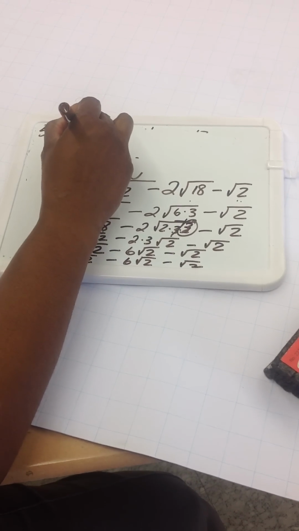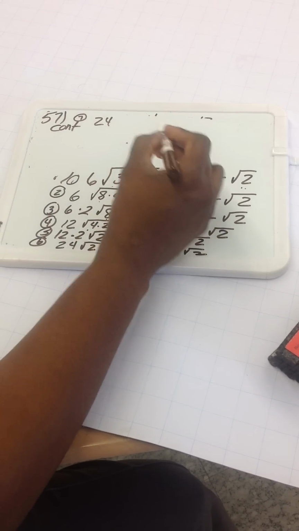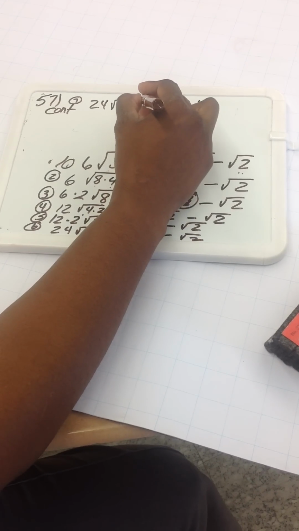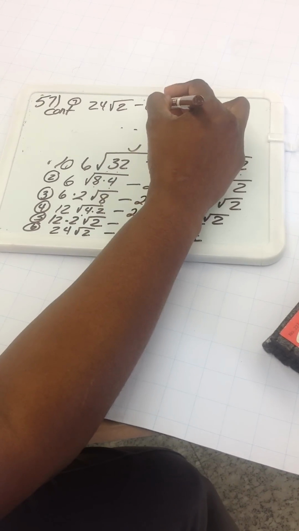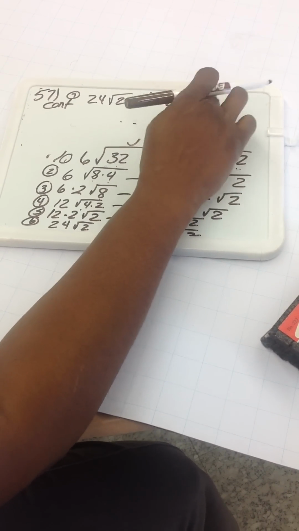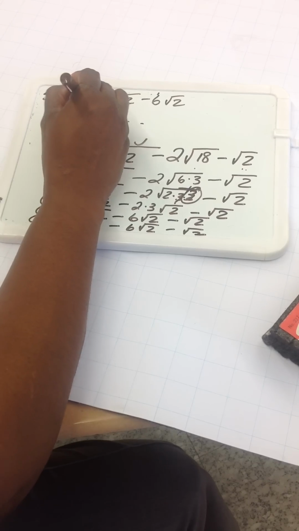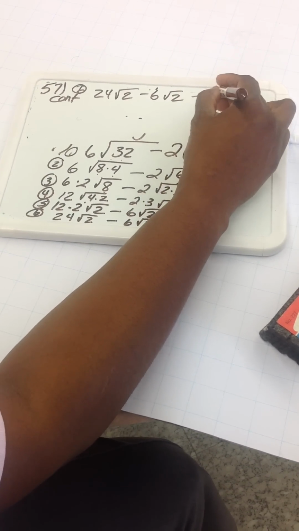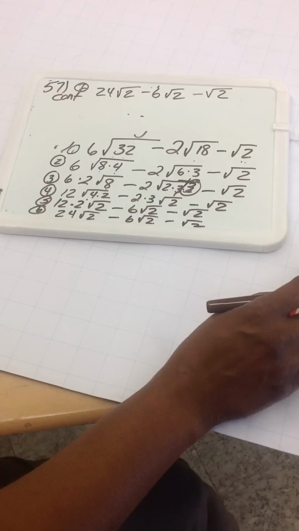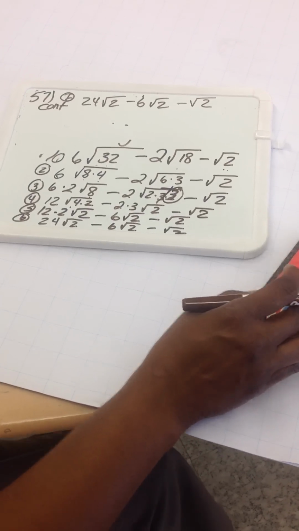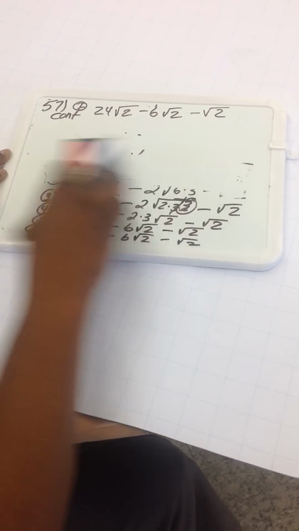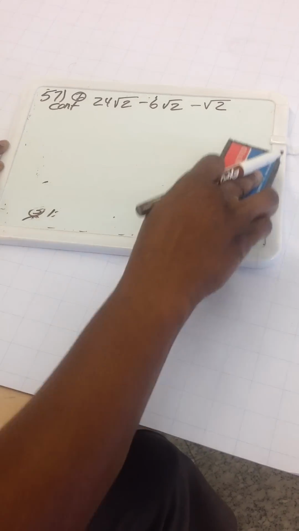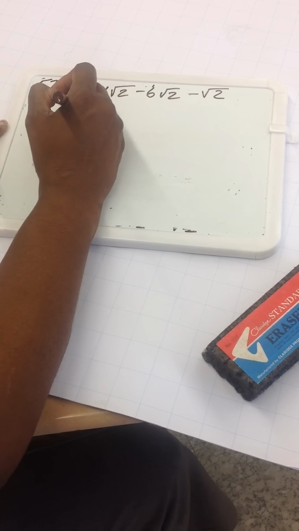At our step 7, we'll be writing 24 times the square root of 2, minus 6 times the square root of 2, minus the square root of 2. We're going to call this our step 6 because we just continue on the upside, so I can erase the bottom. I'm going to erase everything from the bottom. We will get at step 7.